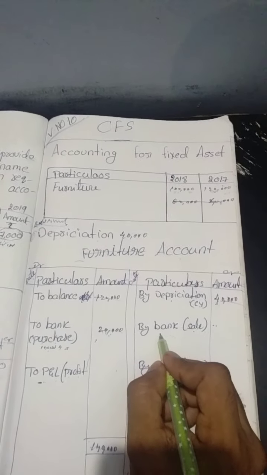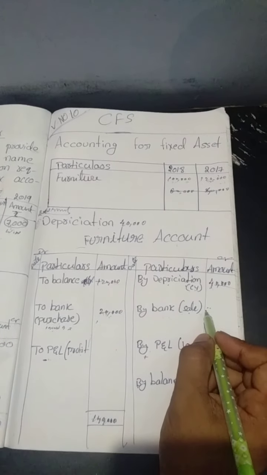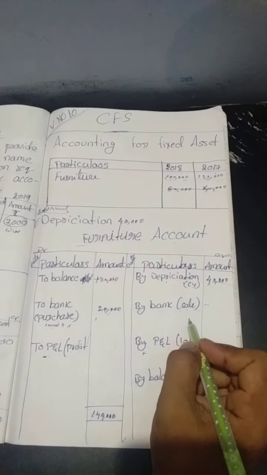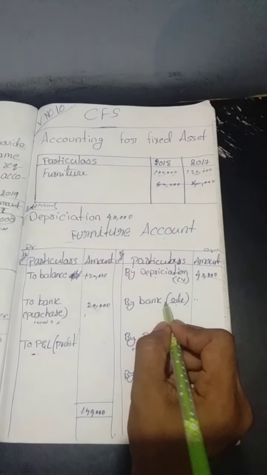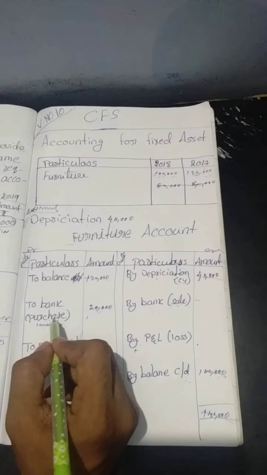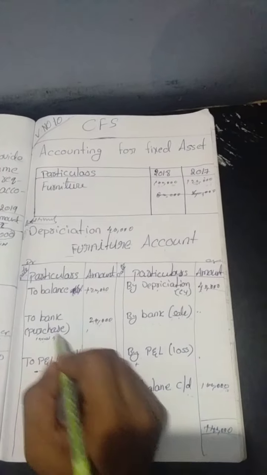So if a sale has taken place, then the sales amount we will consider in the investing activity, and we will add that amount. And if there is any profit, that profit will be added with this. And a loss also arises only at sale time, not at purchase time.